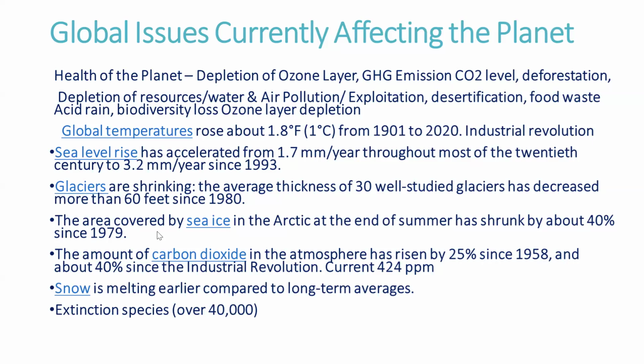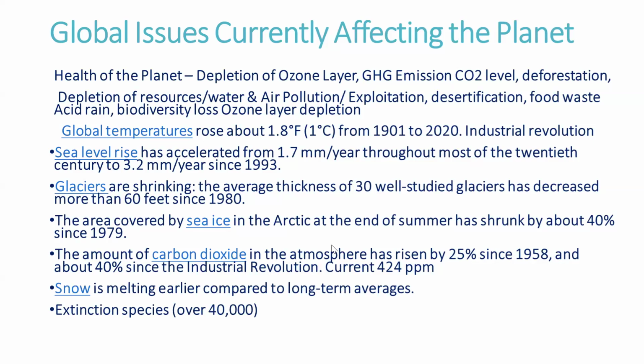That means during summer the shrinkage is higher than before 1979. The amount of carbon dioxide in the atmosphere has risen by 25% since 1958 and about 40% since the Industrial Revolution.